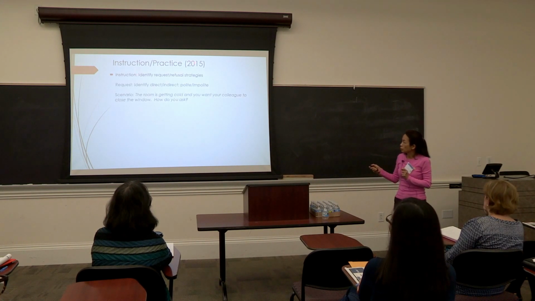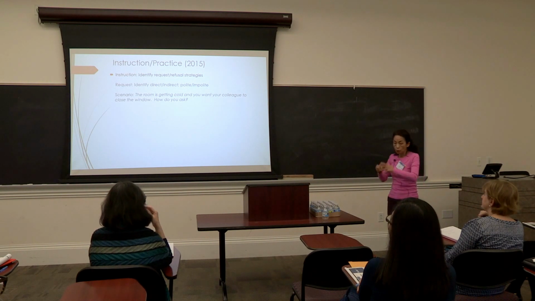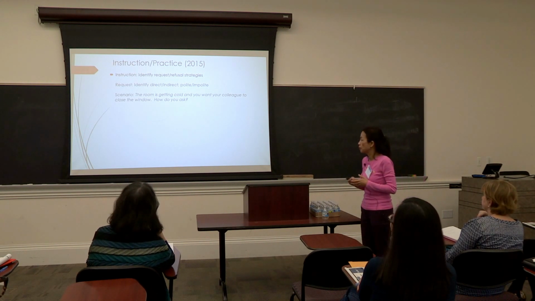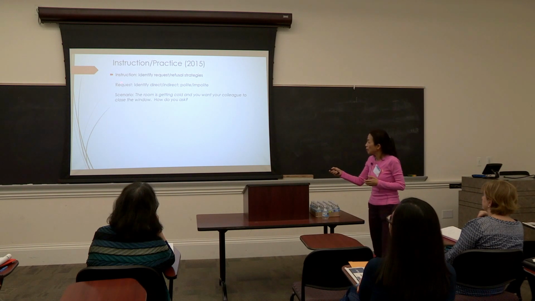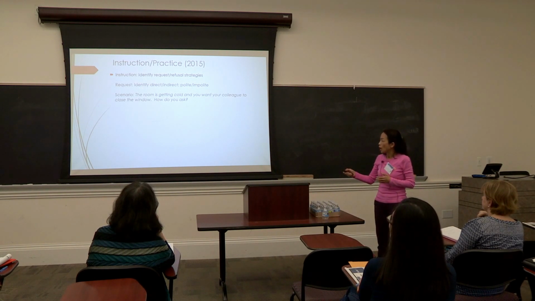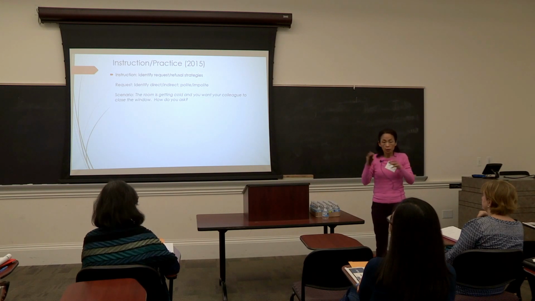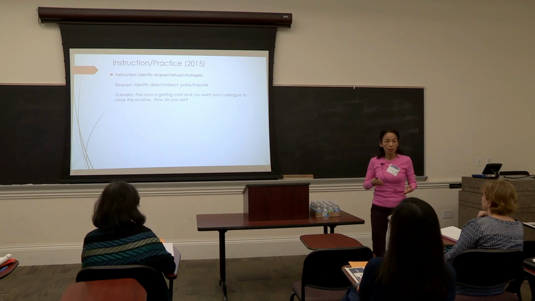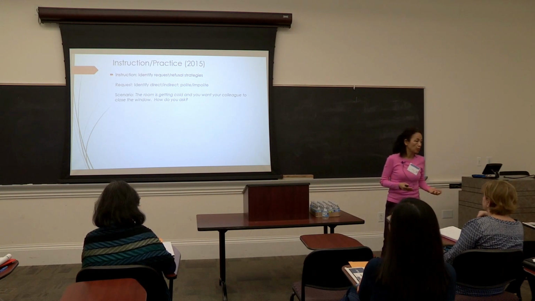So for instruction in 2015, I use data from a discourse completion task. My main goal is to help students learn how to identify whether a request is direct or indirect, polite or impolite, explicit or implicit.